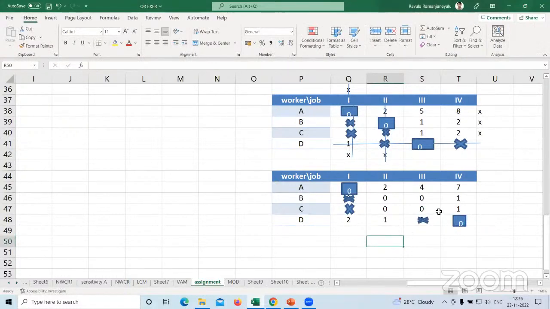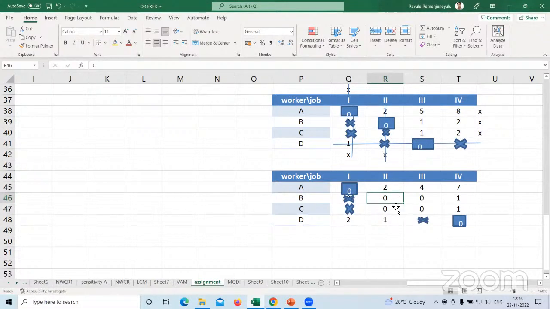Right? Any doubt? Up to this is okay. Now if we go row wise or column wise and we have 2 zeros, then you can assign anything. That is arbitrary. If you want to assign this, these 2 zeros get cancelled. If I want to assign this one, then the other 2 zeros get cancelled. Are you getting my point?